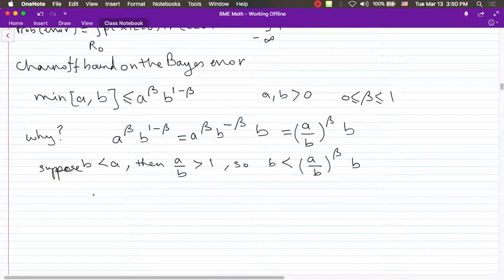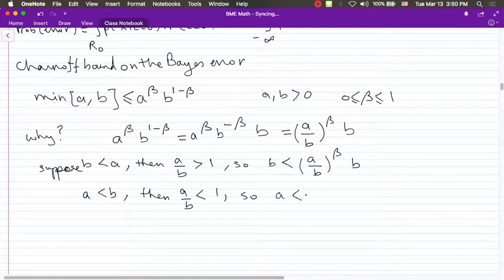On the other hand, if A is less than B, then A over B is less than 1. And so A is less than A over B raised to the power beta times B. So again, this is true. So if A is less than B, then the minimum is A, and A is less than this quantity.